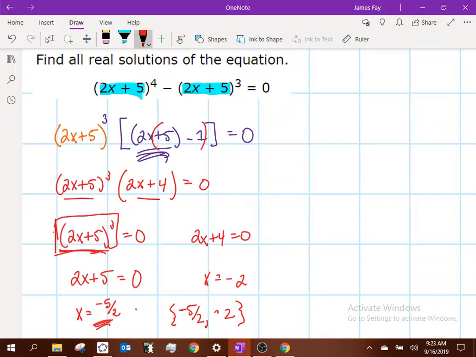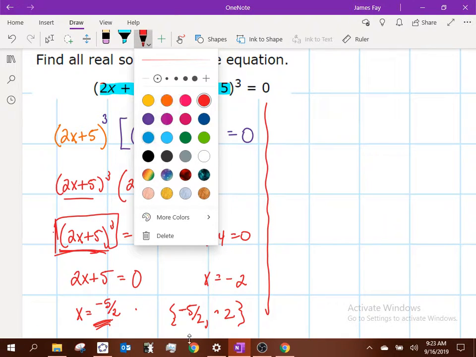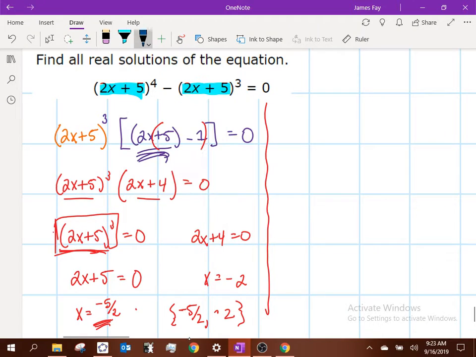Okay. Now, let's approach it a different way. Okay, and this is revisiting a little bit of what we did last week. The last question on Friday incorporated this, and it's called U substitution. Okay, this is a position where we can use that technique to make things a little bit clearer.